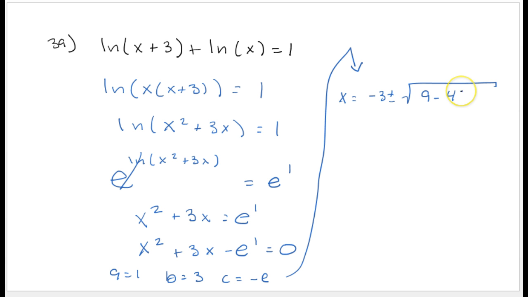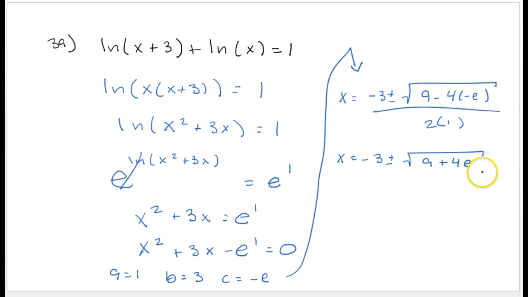A is 1. C is going to be negative e, all over 2 times 1. This reduces to negative 3 plus or minus the square root of 9 plus 4e, all over 2.